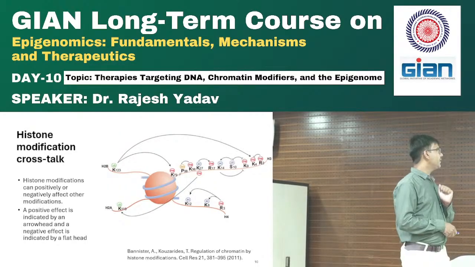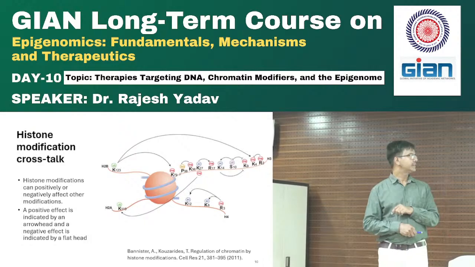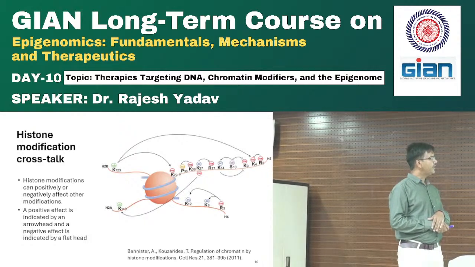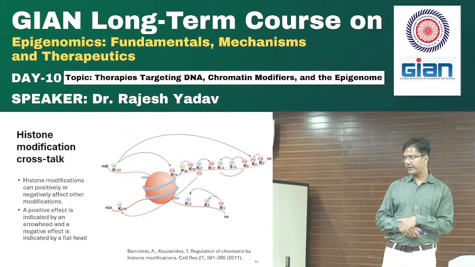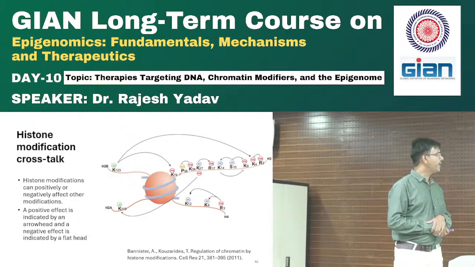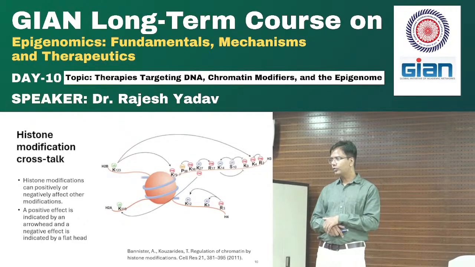I am telling you that I have to prove that K9 trimethylation is involved in heterochromatin, but serine 10 phosphorylation is involved in euchromatin.